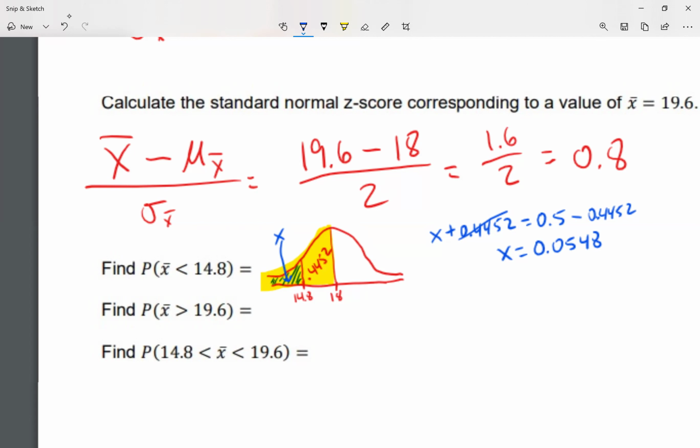I might even ask you to round it to 4 decimal places, or I might even ask you to round it to 3 decimal places. That's it. Now let's take a look at the next example.